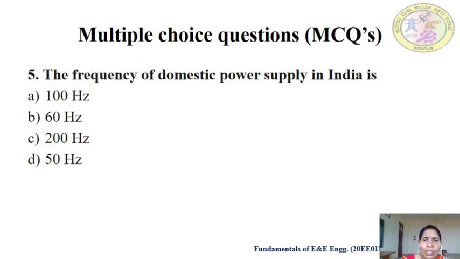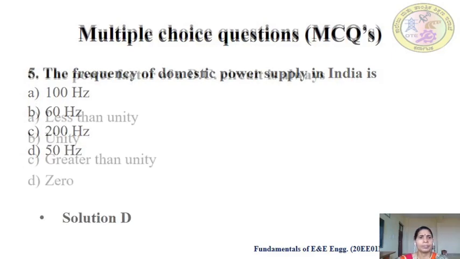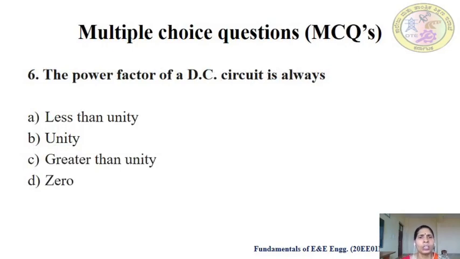Fifth one: the frequency of domestic power supply in India is, yes, 50 Hertz. The power factor of a DC circuit is always less than unity, unity, greater than unity, or 0. The power factor comes only in an AC circuit.